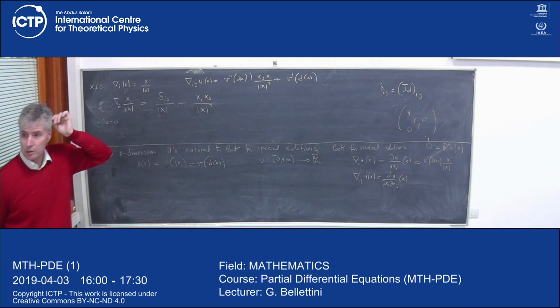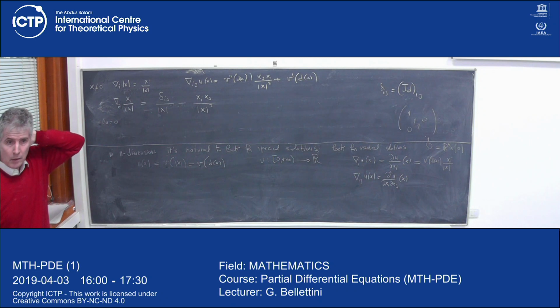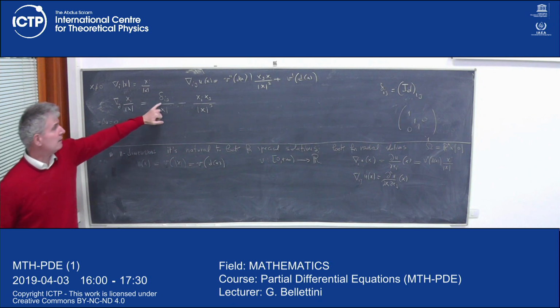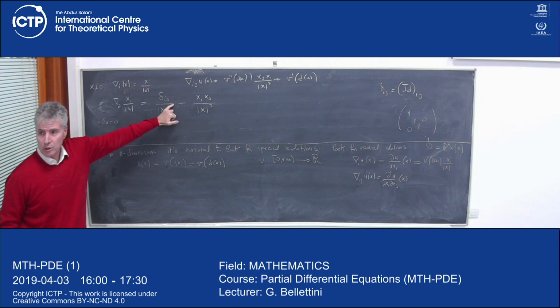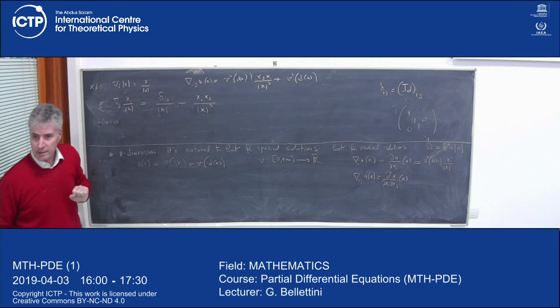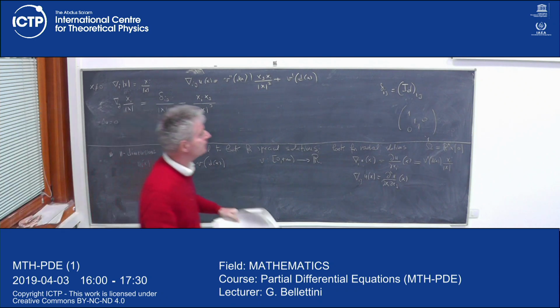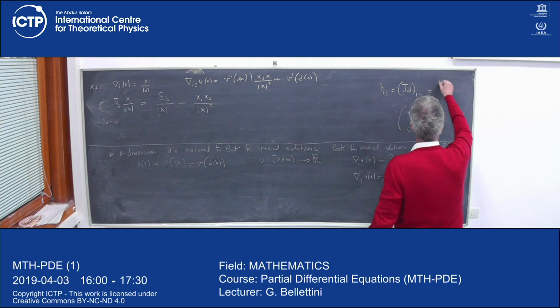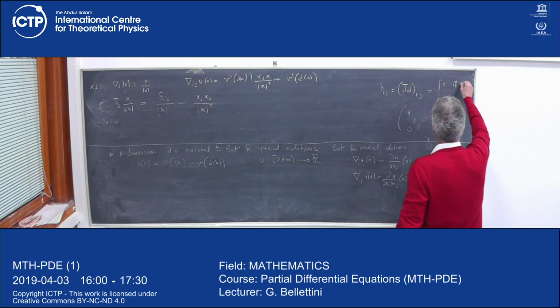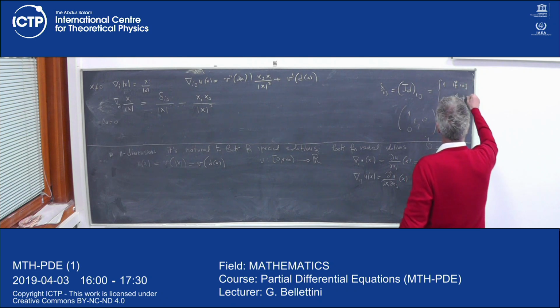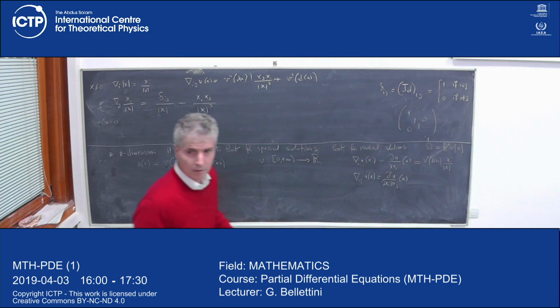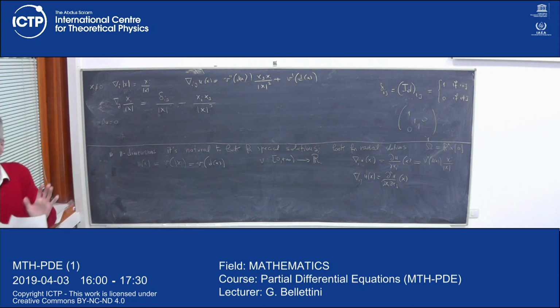It's a sort of standard notation. So it's simply 1 if i equals j, 0 if i is different from j. Just a very simple definition.